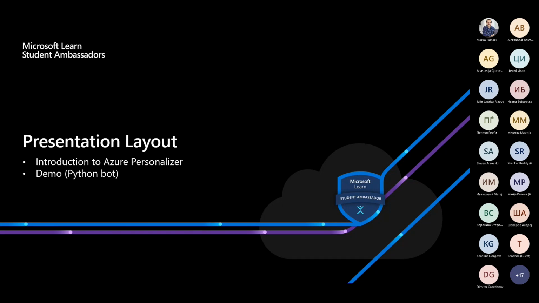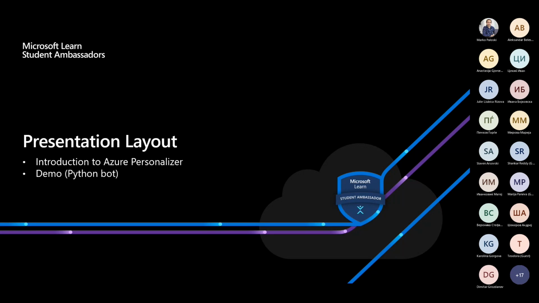All right, let's see a little bit what we are going to talk about today. We have a clear structure. First, we're going to have a quick introduction about what is Azure Personalizer. Many of you may not have heard about this already, or you may already be familiar with the service.